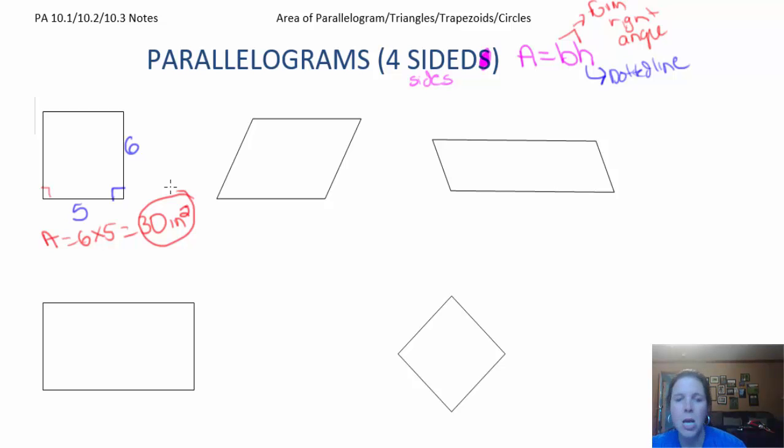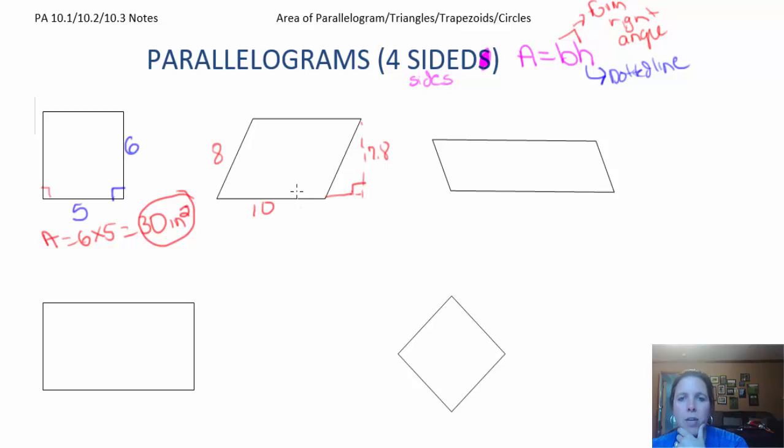Okay? So on yours, this is where the dotted line comes into play. So we have 7.8 here, we have 10 here, and we have 8 here. So you need to figure out what is forming the right angle.